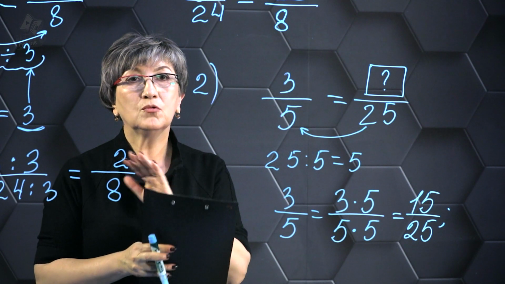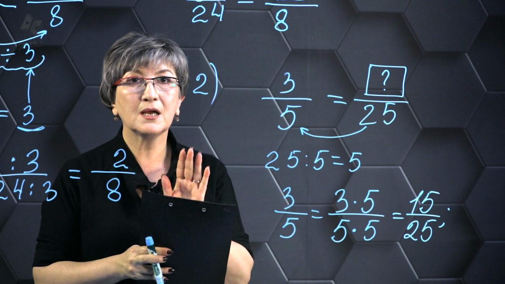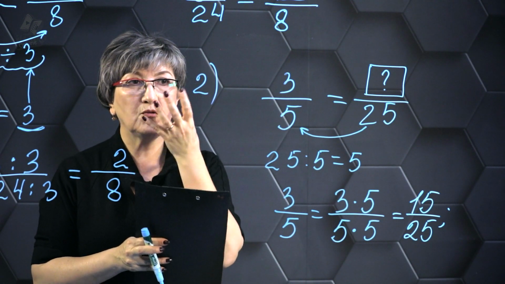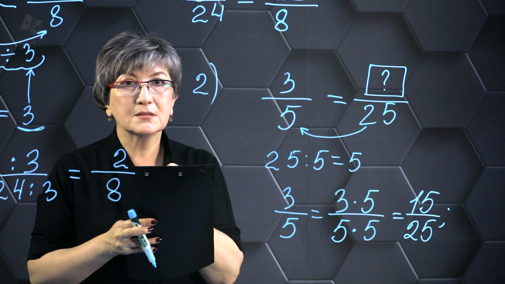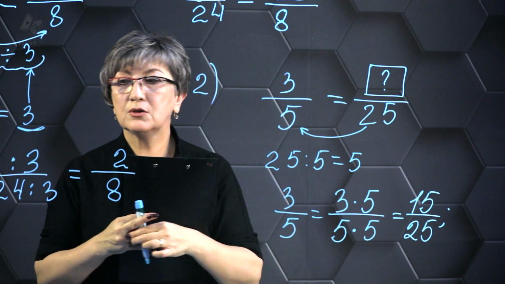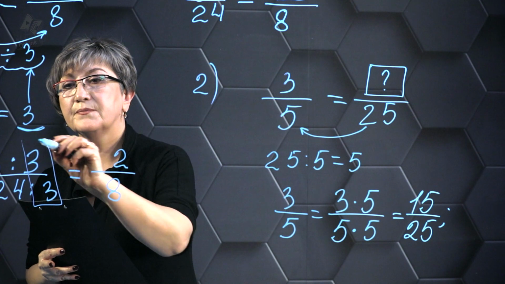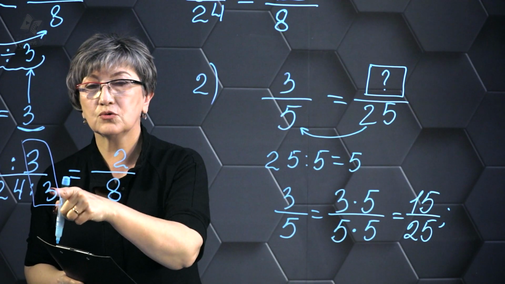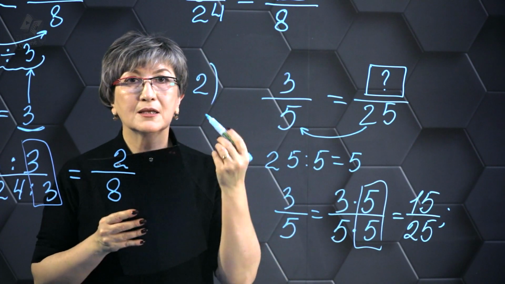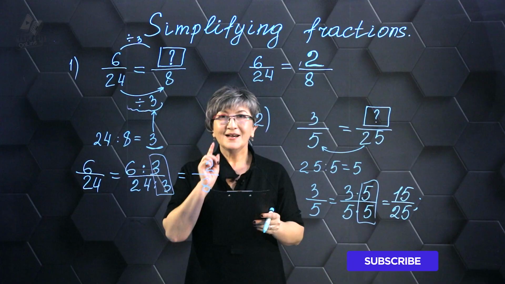The value of this fraction will in no way change. Only the numbers themselves will change. They will either increase or become smaller, but the rule remains the same. So here we divide by 3 by the same number. We can also multiply a fraction by the same number in order to increase or decrease its numbers.